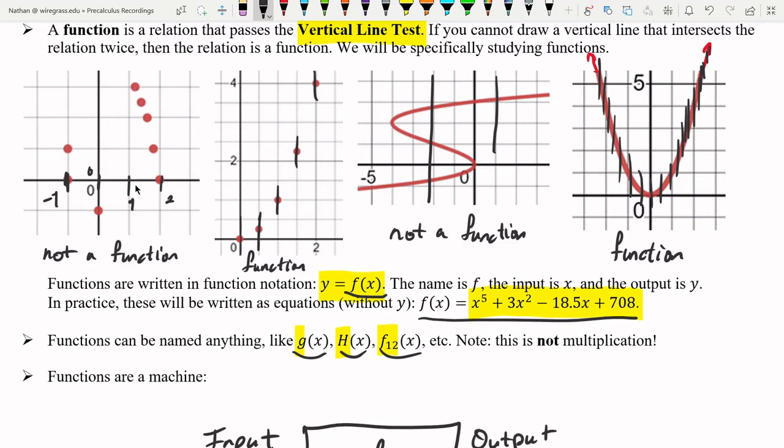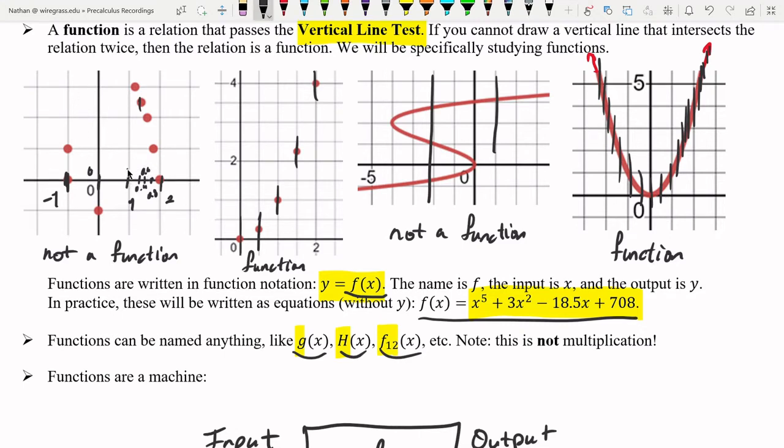This point here would be something like 0.2, then 0.4. This one would be like 0.6. This one would be 0.8, and then 2. So those would be all of our domains. So -1, 0.2, 0.4, 0.6, 0.8, and 2. Or I should say 1.2, 1.4, 1.6, 1.8.